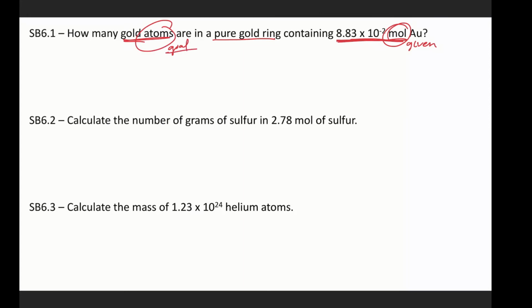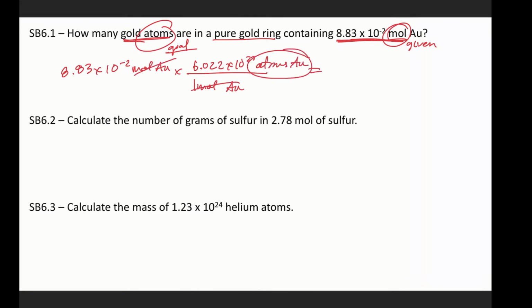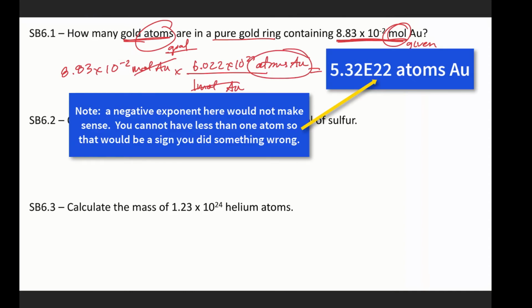Oh my gosh, what is that? Ding, ding, ding, Avogadro's number. So this one is pretty simple. For every 1 mole of Au, there are 6.022 times 10 to the 23rd atoms of Au. Moles cancel, atoms of Au are all that's left. And then I just need to make sure I do the math correctly.